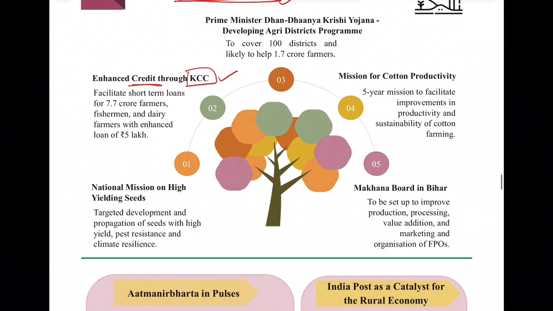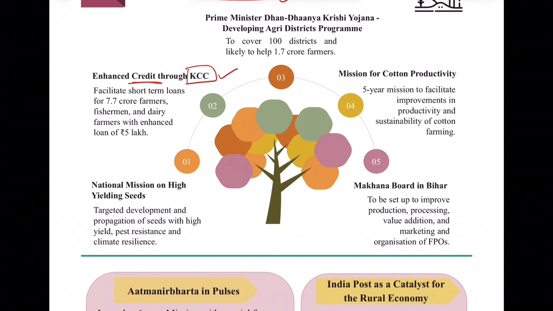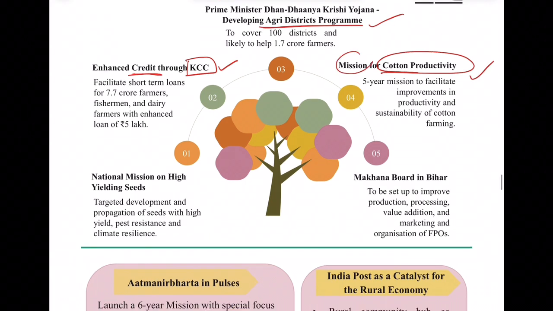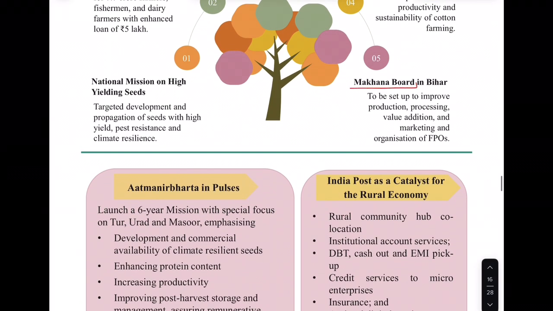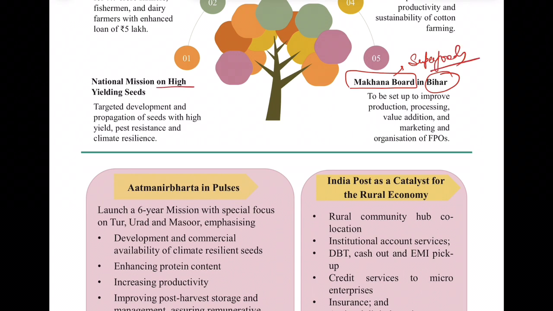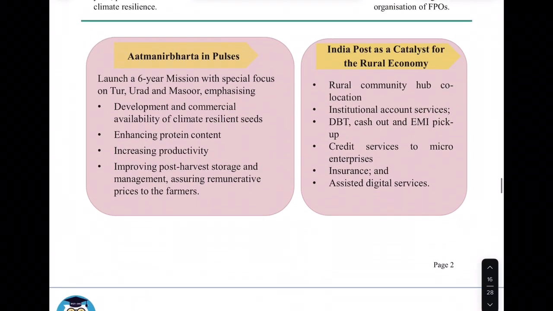The limit has been increased. Similarly, the agri-district program is being developed, and a mission has been launched for cotton productivity. Now, a Makhana Board is to be set up in Bihar. Makhana is known as one of the superfoods, and the high yielding seeds also.